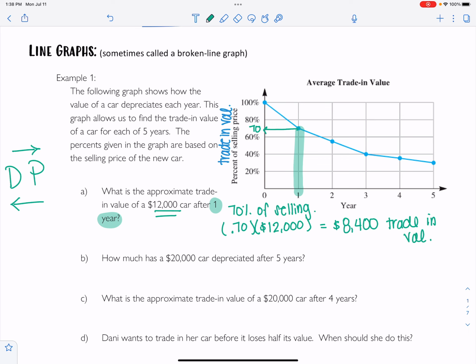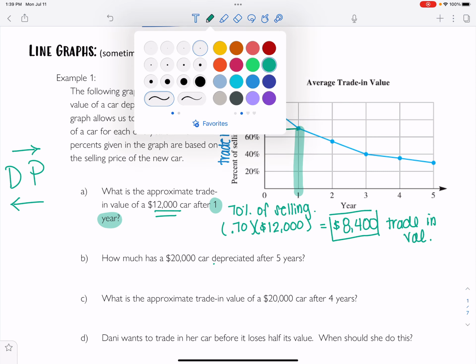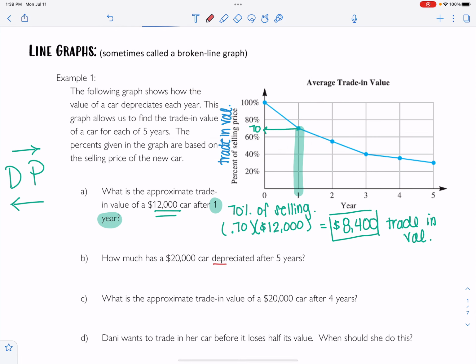The next question is slightly different. It says, how much has a $20,000 car depreciated after 5 years? So now this one is asking about the depreciation, not necessarily the trade-in value. But we're going to have to use the trade-in value, and then we'll find the depreciation.